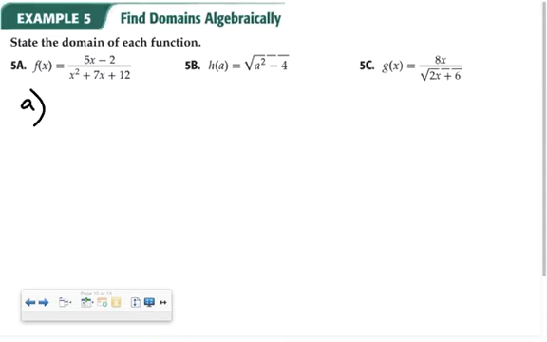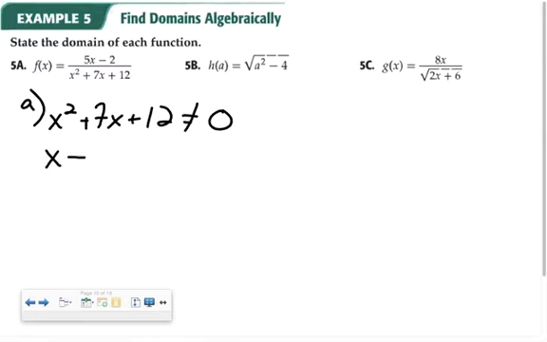So for part A, I might set the expression x squared plus 7x plus 12. Actually, I don't want to call it an equation because I don't want that to equal 0. And in order to figure out what values cannot be part of our domain, we solve this quadratic just like we did in the last lesson.